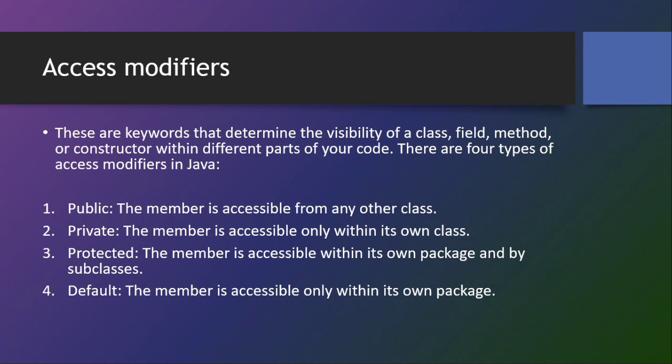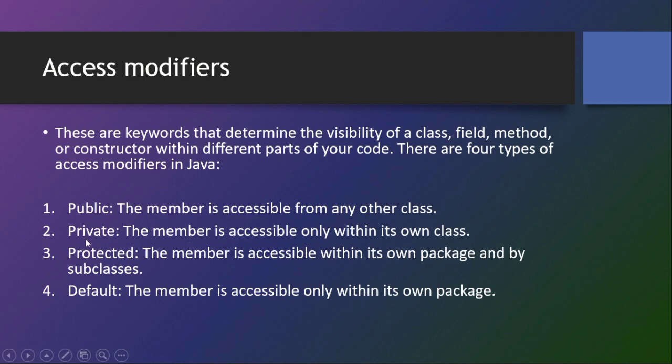There are four types of access modifiers in Java, namely public, which basically means the member is accessible from any other class. So any other class is able to access all the information from this particular class that is labeled public.